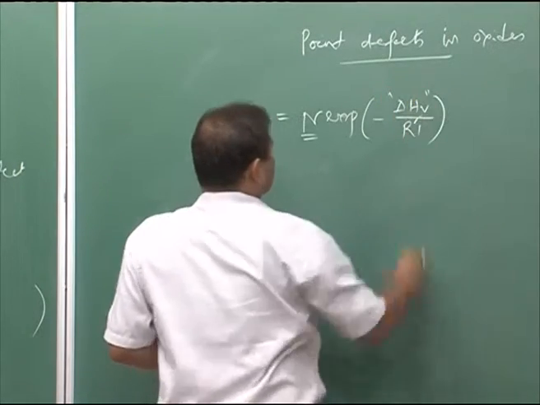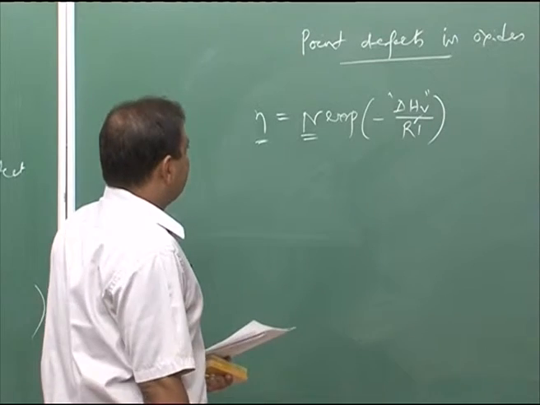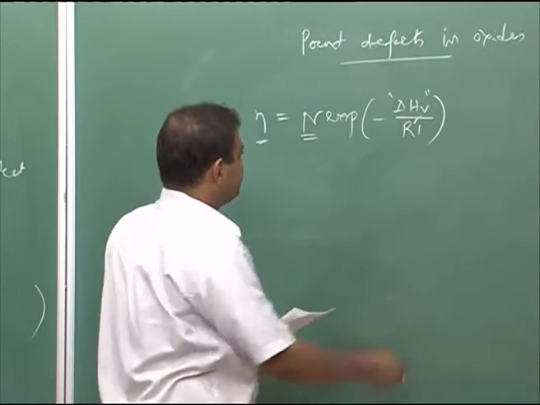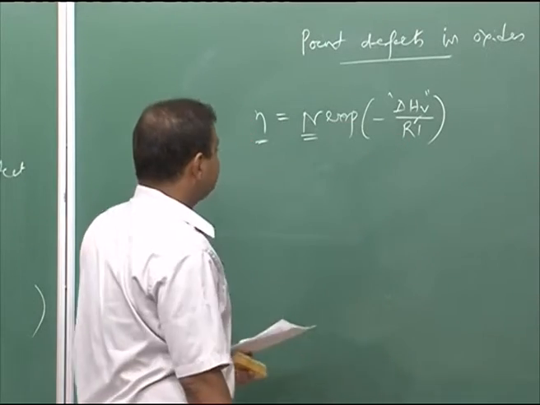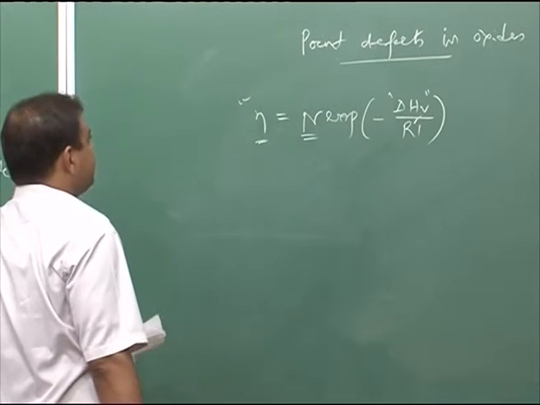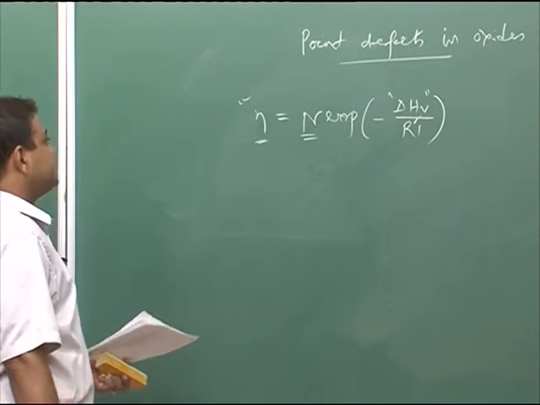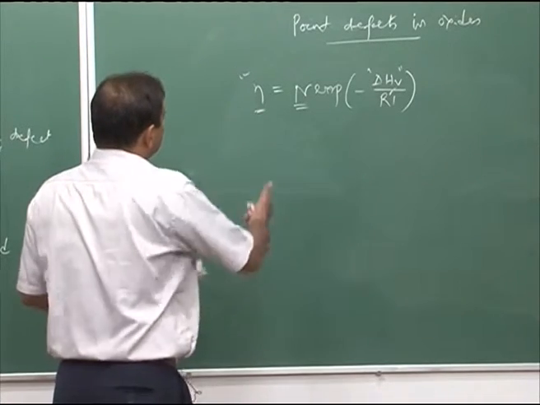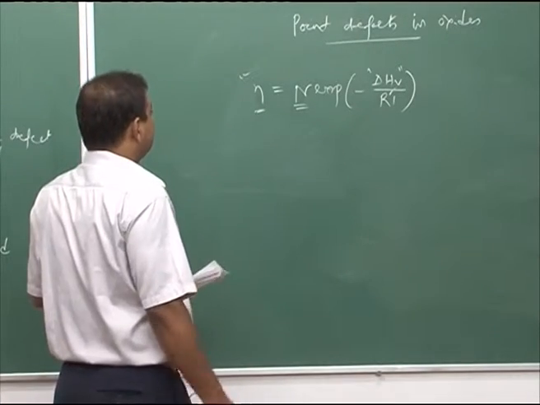This is the molar energy for formation of that point defect. R is the gas constant and T is the temperature in Kelvin. From this we can determine the fraction of point defect that exists in a particular solid. In the oxide also this formula is valid.